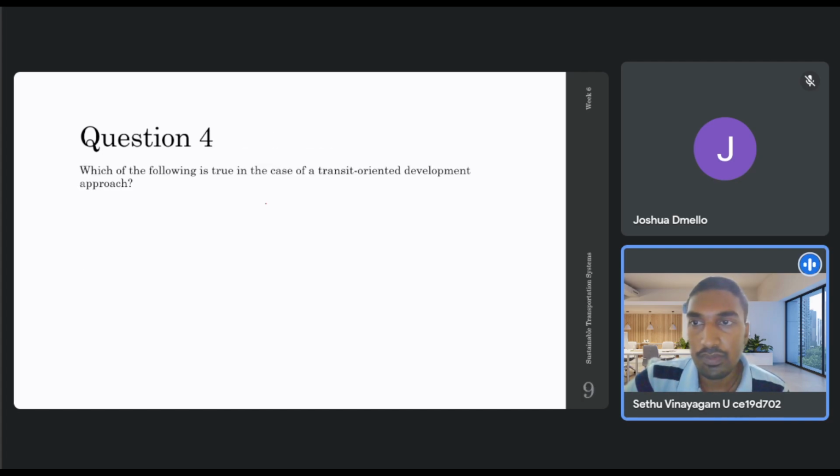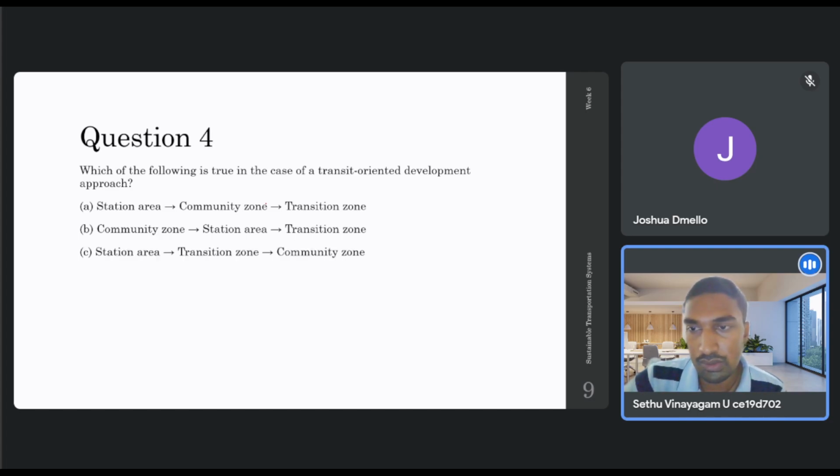Question number 4 is which of the following is true in the case of a transit oriented development approach? Option A is station area, then community zone, then transition zone. Option B, community zone followed by station area, then transition zone. C, station area followed by transition zone, then by community zone. And option D is the transition zone followed by community zone and station area.